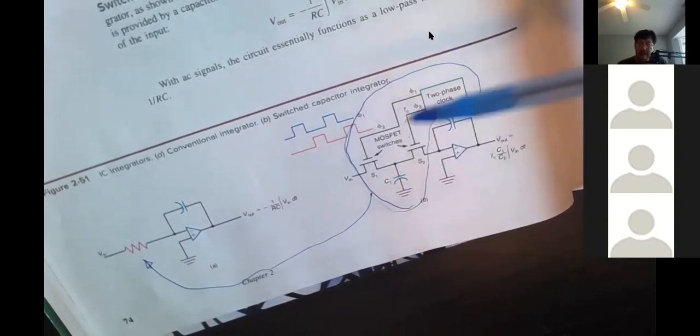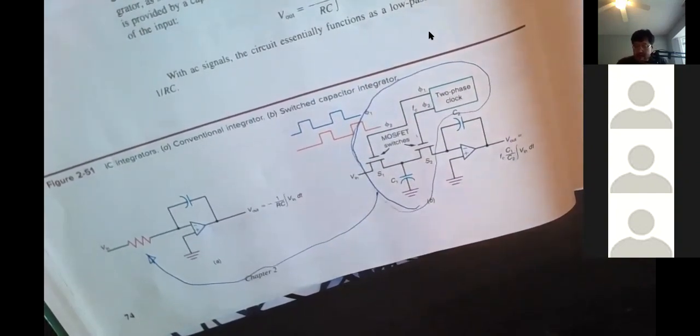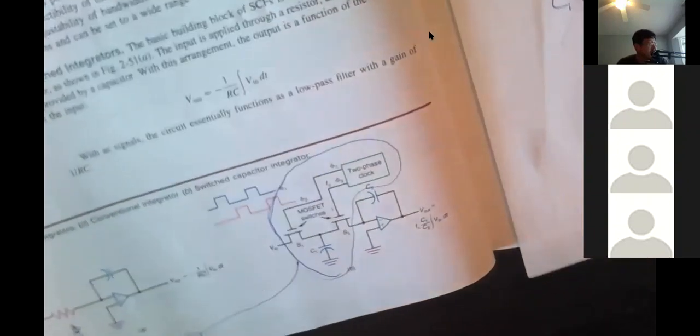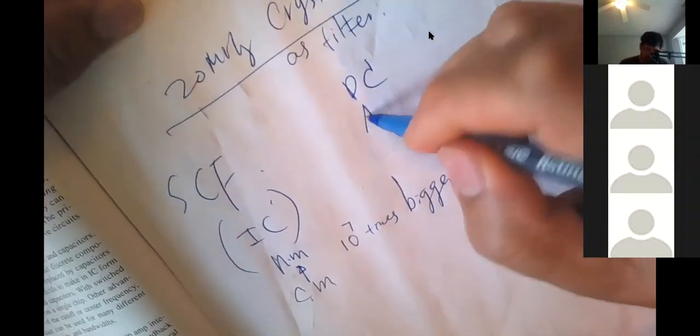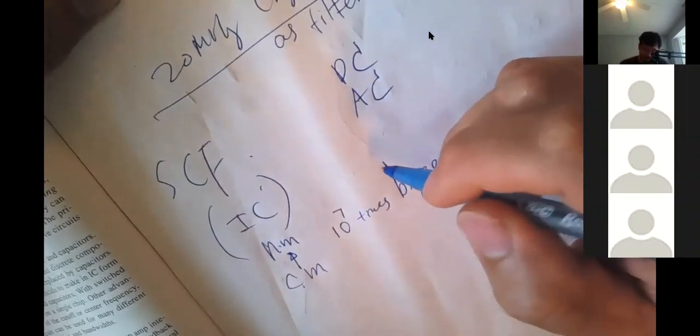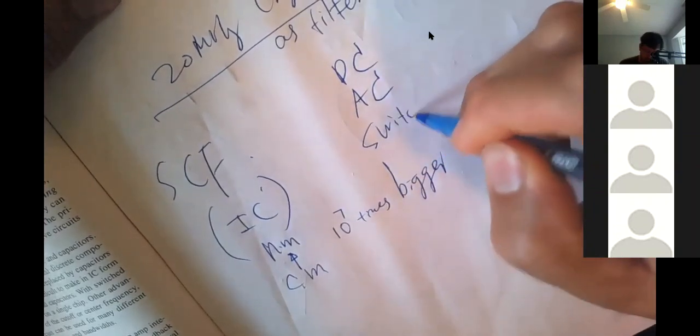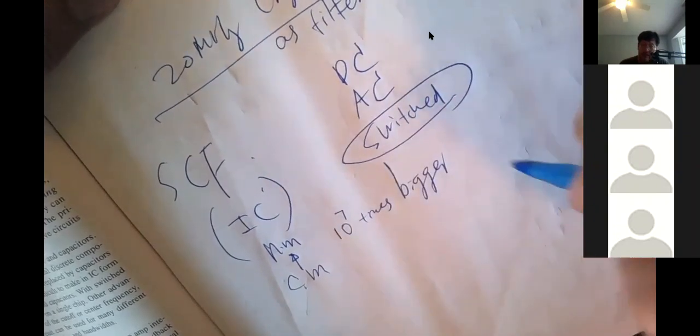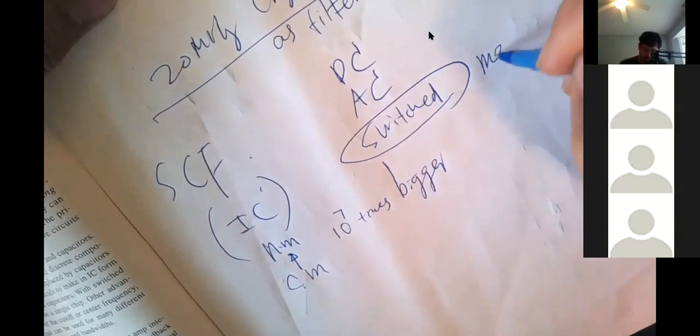And if you take my circuit analysis class, we have DC analysis, we have AC analysis, right? Then we have switched. Did you remember what I say about switched? It's magic. It's not magic, but it sounds like magic a lot of times.